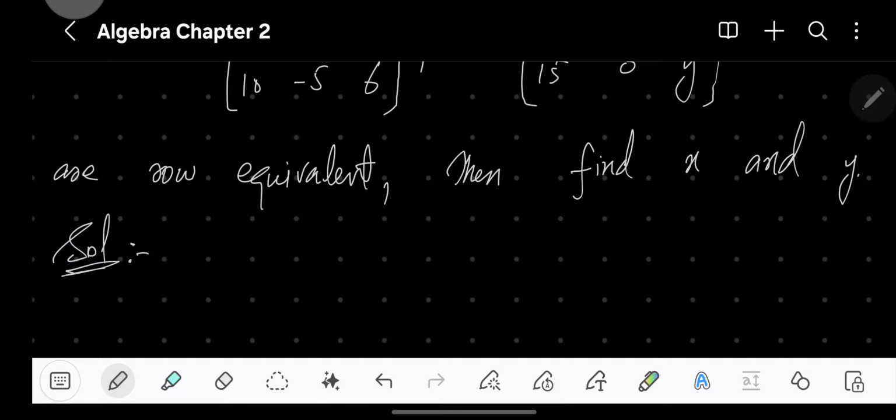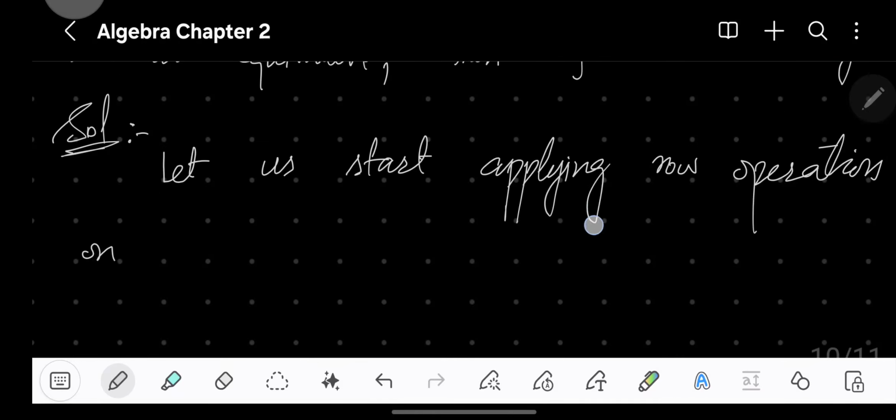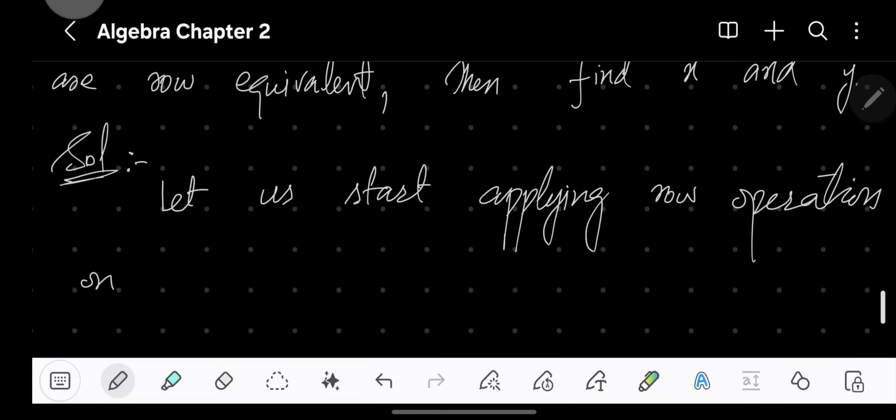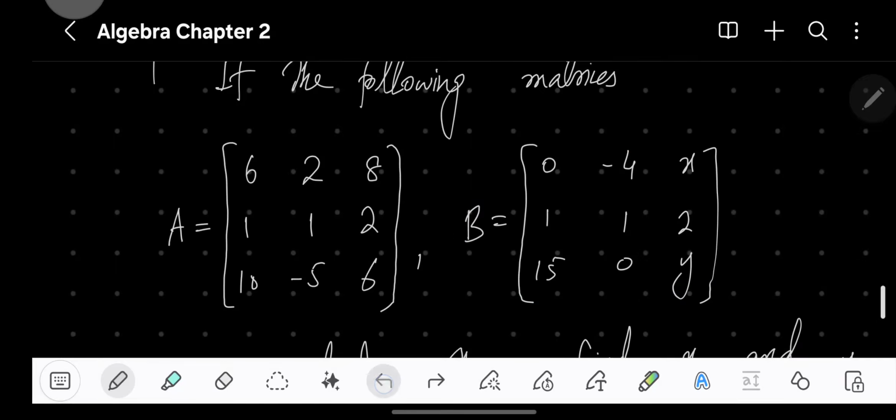We are given that two matrices are row equivalent, so each matrix can be obtained from the other one through elementary row operations. So let's start from A, and we will apply row operations on A to try to get this matrix B.